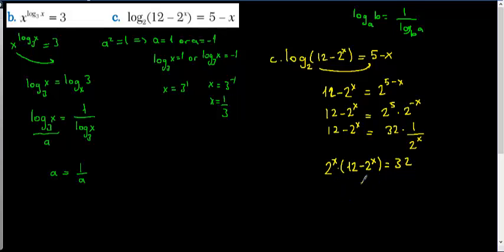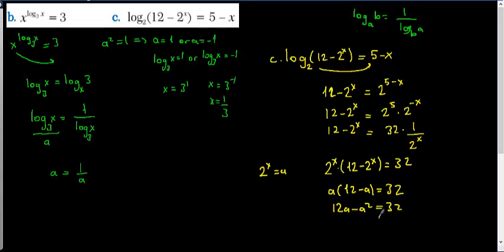And instead of 2 to the power of x, if we write a, then it's going to be a times 12 minus a is equal to 32. Then it's 12a minus a squared is equal to 32.